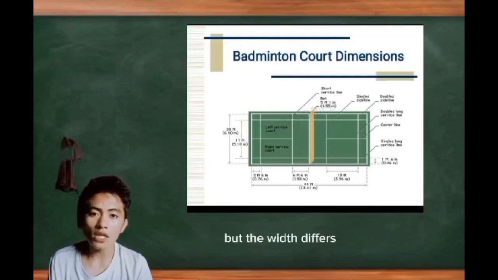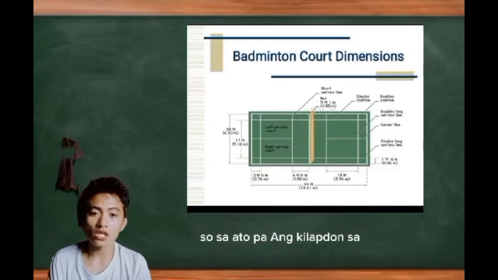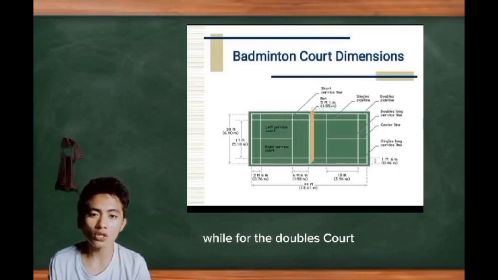But the width differs, with a singles court running 5.18 meters wide. Sa ato pa, ang gilapdon muabot og 17 feet, and it is denoted by the sidelines, while for the doubles court, the width is extended to 6.1 meters or 20 feet, marked as the double sidelines.